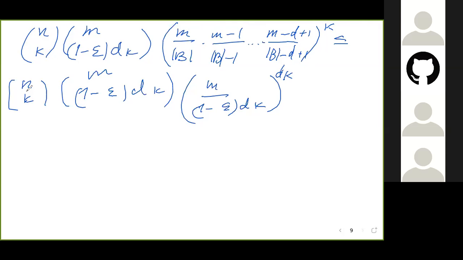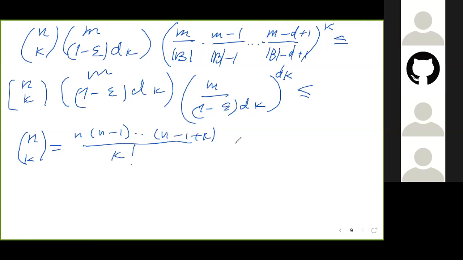So this is our bound, and we want to simplify it using the bound for n choose K. So n choose K is actually n times n minus 1 and so on, n minus 1 plus K over K factorial. Now, this can be upper bounded as n to the k because n is the largest factor here over k factorial.